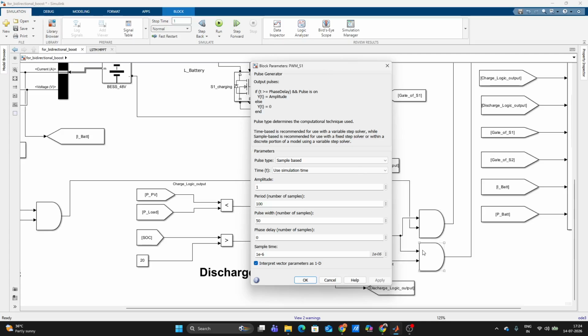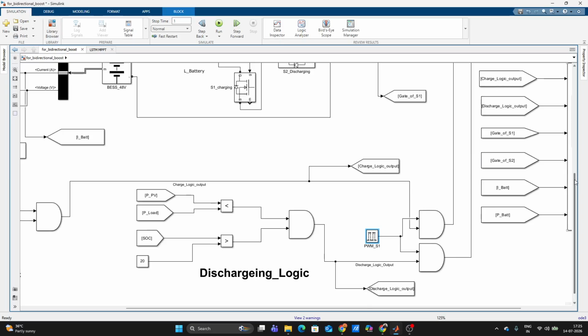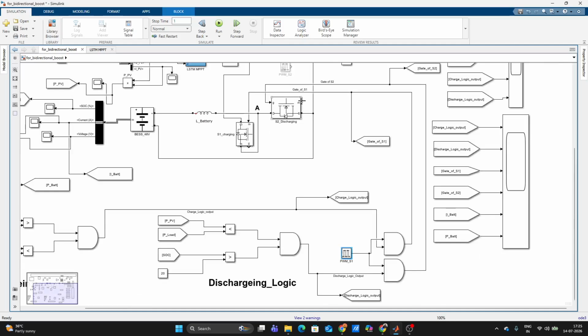With this PWM, the switches of this buck boost converter are connected. At one time only one switch will be enabled; that's why these two AND gates are selected here.